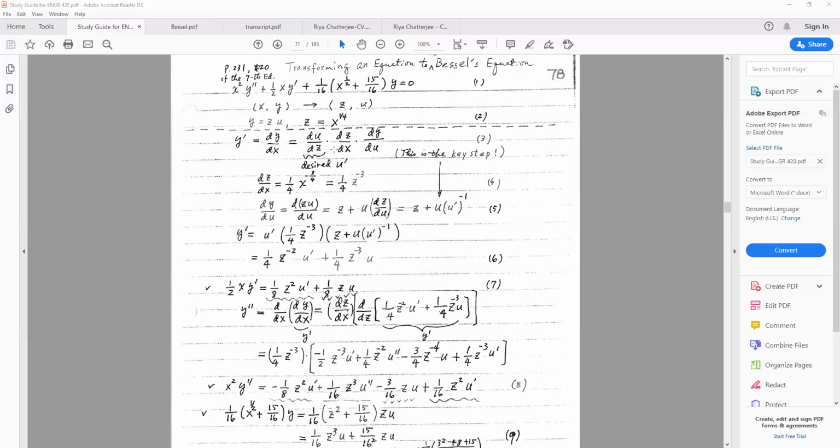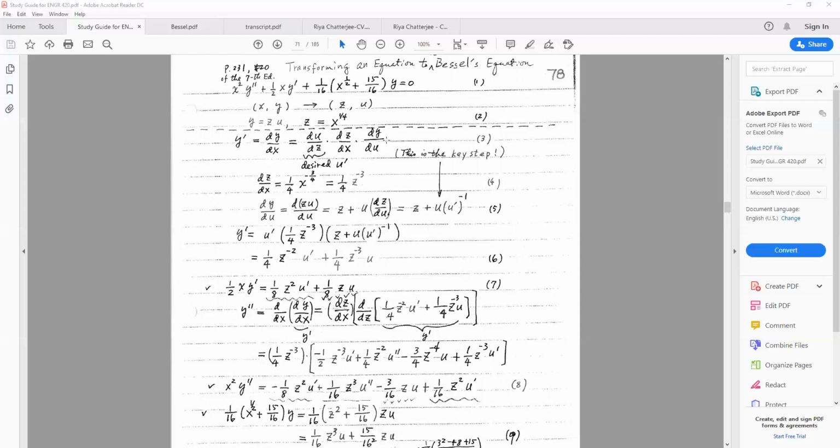For the independent variables z and x, we can use this given transformation variable to get this derivative. After we get this expression, we eliminate x by z.